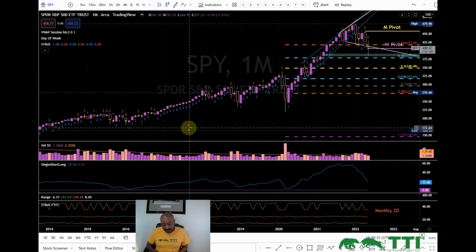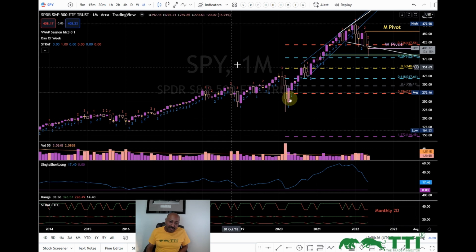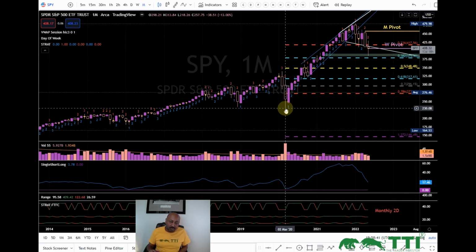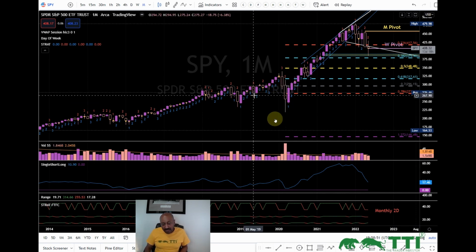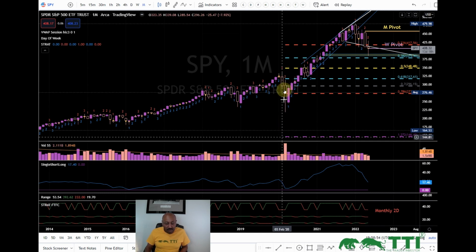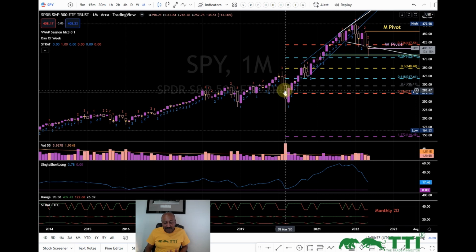What about volume on the bottom? We will use volume when we start to think about entries. Right now we're only understanding structure: where is the area of value? That's what we're trying to understand. But it's a good question. What volume says is, when there's heavy volume to the downside, the bears are fully in charge.